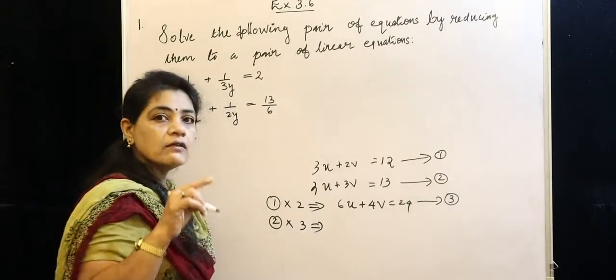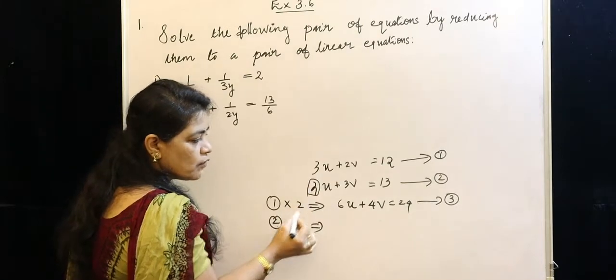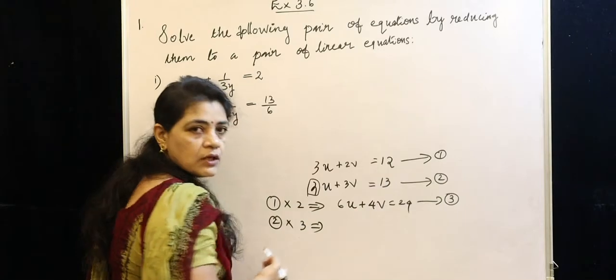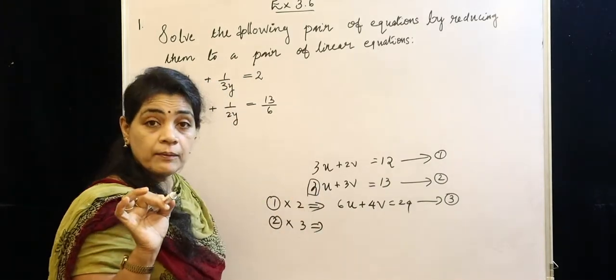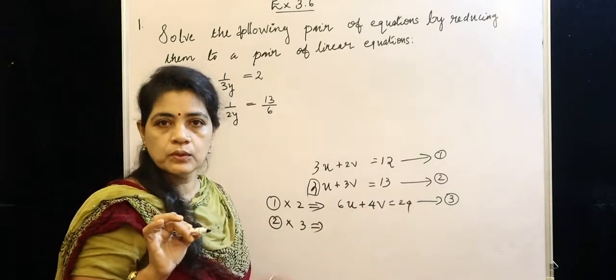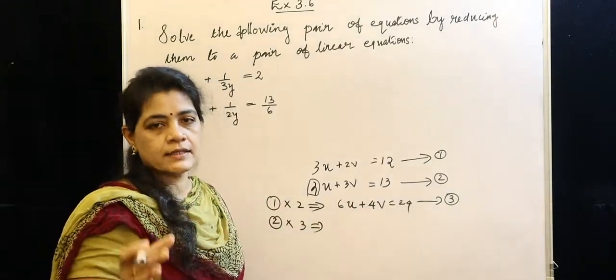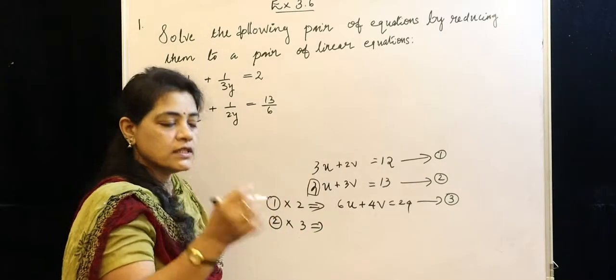See children, what I have done? I have multiplied equation 1 with the coefficient of u in the second equation and we got equation number 3. And in the second step you have to multiply equation 2, the whole equation, that means each term both in LHS and RHS, with the coefficient of u in the first equation.